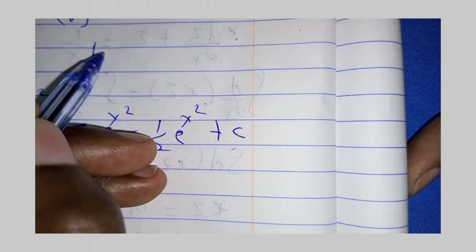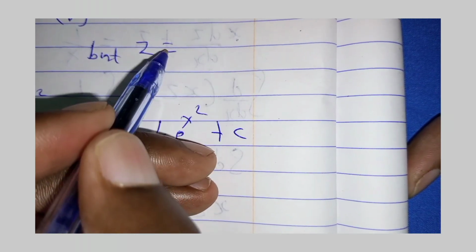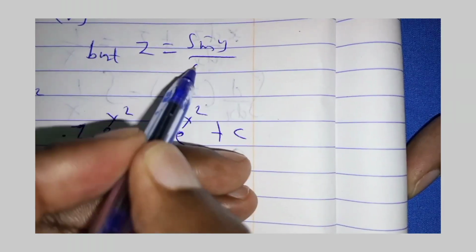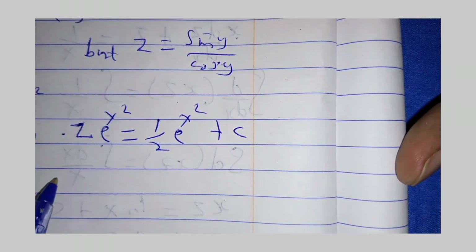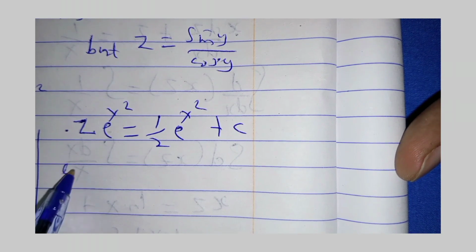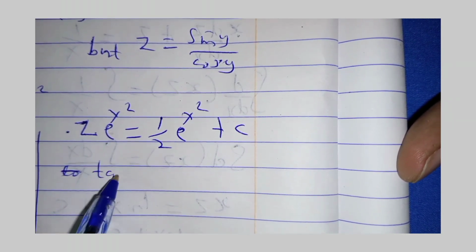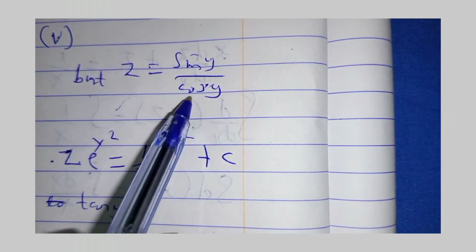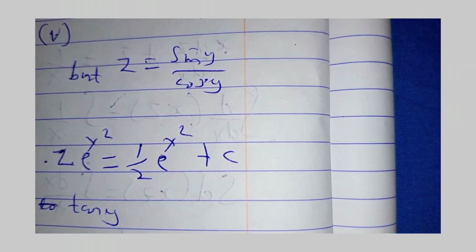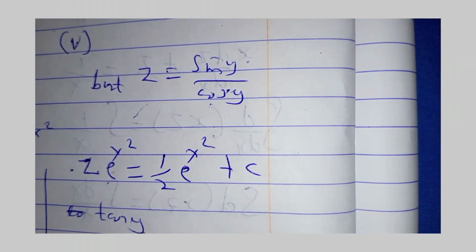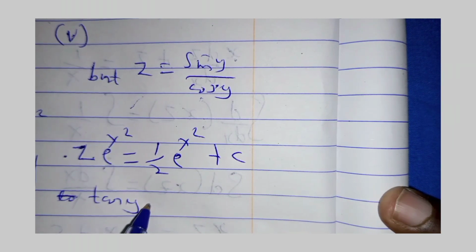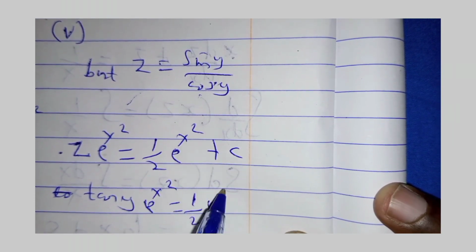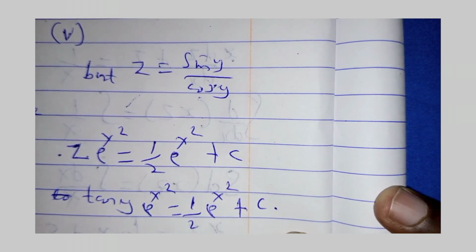But note that z was equal to, we let our z to be equal to sine of y over cos of y, that is the same as tan y. So tan y multiplied by exponential x squared is equal to half exponential x squared plus constant c.